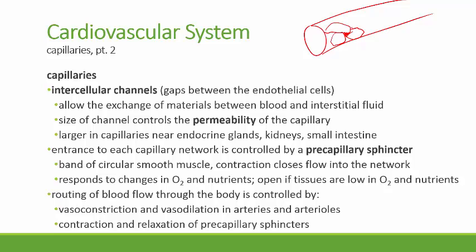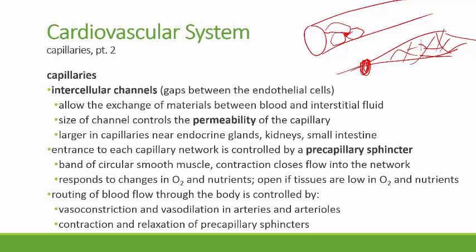So the entrance to each of the capillary networks is controlled. So if this is that network here where we have these interconnections between the capillaries of the network, there's an entrance controller here that's called the precapillary sphincter.